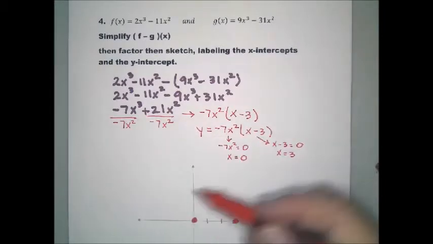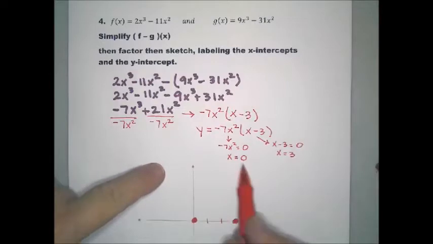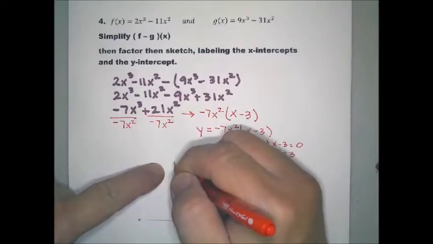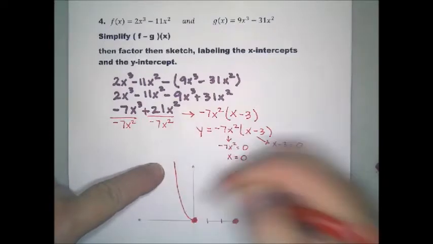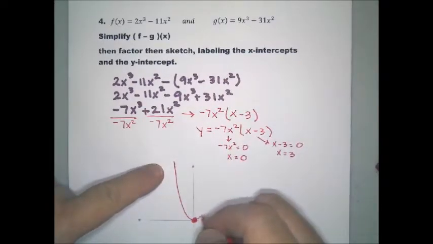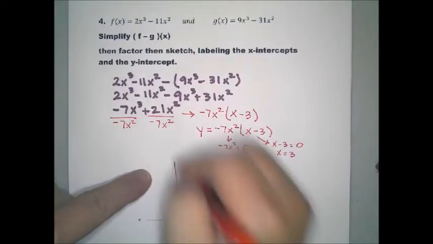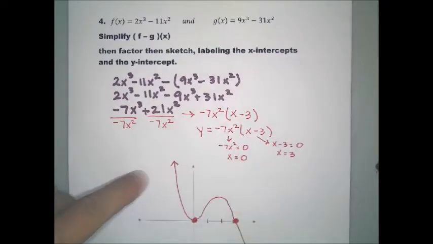I'm going to start up here, and remember when I hit x equals 0, it's a bounce. So I'm going to have to turn around at some point and go like that, and that's a sketch of the graph.